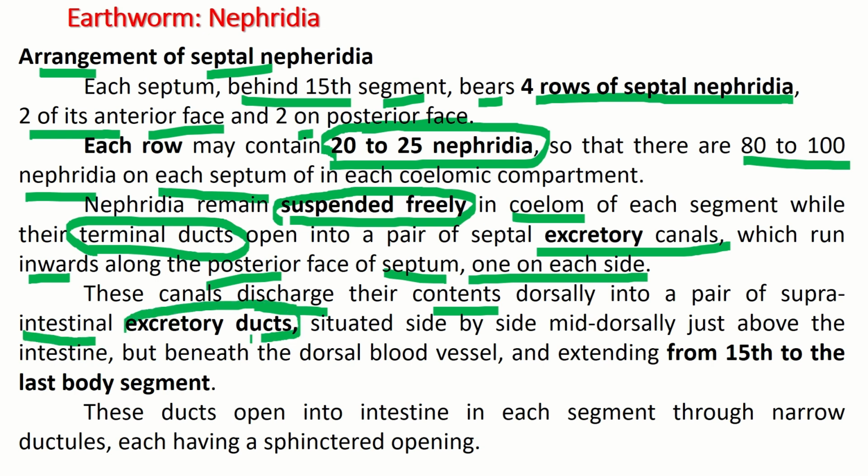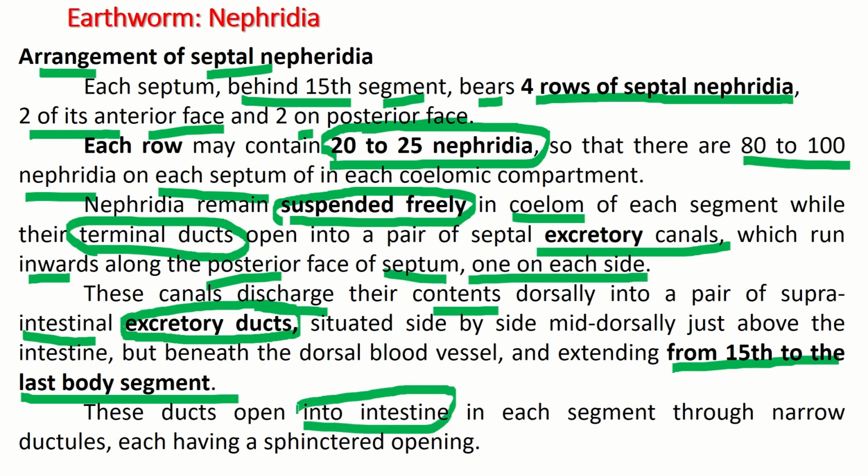These ducts are situated side by side mid-dorsally just above the intestine, but beneath the dorsal blood vessel, extending from the 15th to the last body segment. These ducts open into the intestine in each segment through narrow ductules, each having sphinctered openings. This is about the arrangement of the septal nephridia.